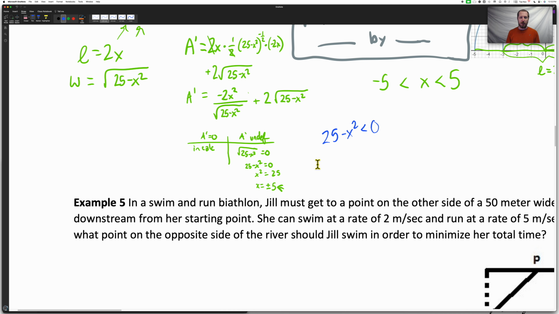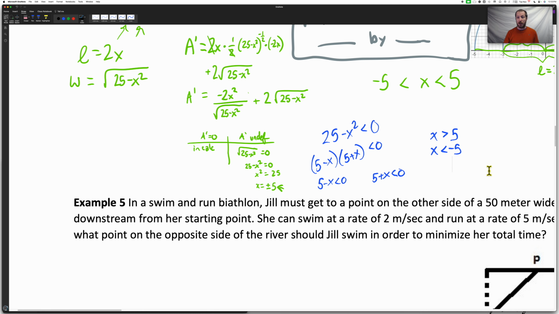Because that'll make the square root undefined, which will make the whole derivative undefined. So if we solve this out, if we do our difference of squares, or you can add x squared to both sides, either way, we're going to get 5 minus x less than 0 and 5 plus x less than 0, which if we add x to both sides and subtract 5 from both sides, then we get that if our x value is bigger than 5 or less than negative 5, our derivative would also be undefined, which makes sense.